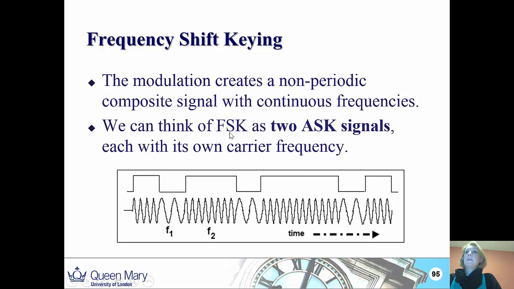Okay, so we can think of frequency shift keying as two amplitude shift keyed signals, each with its own carrier frequency. So we can think of it as being two signals, each with its own frequency, that's being used to convey this information.